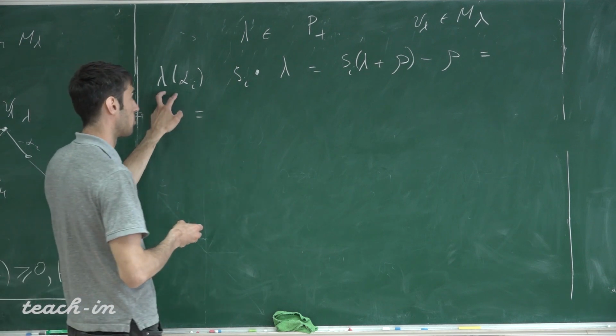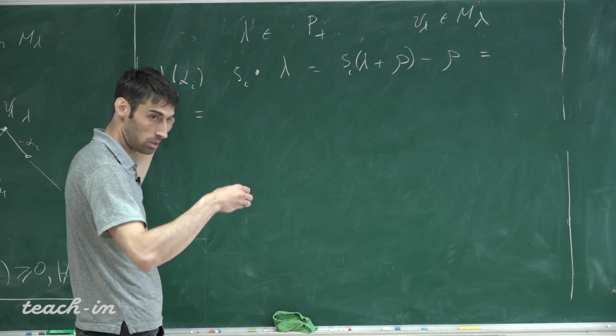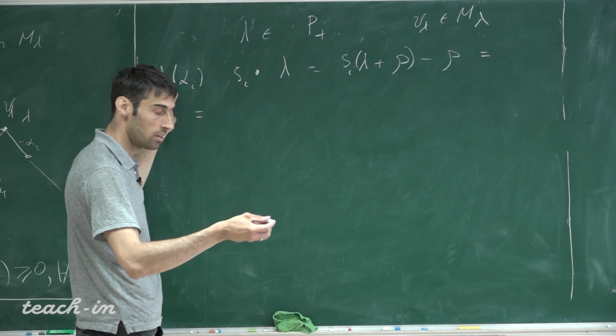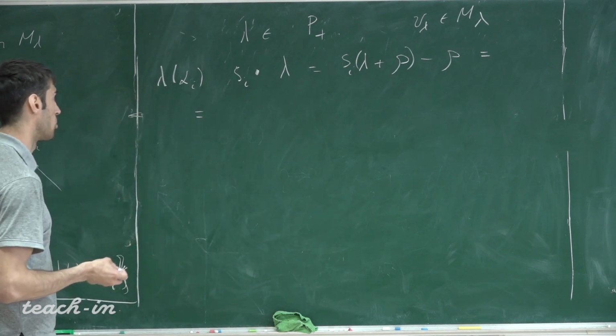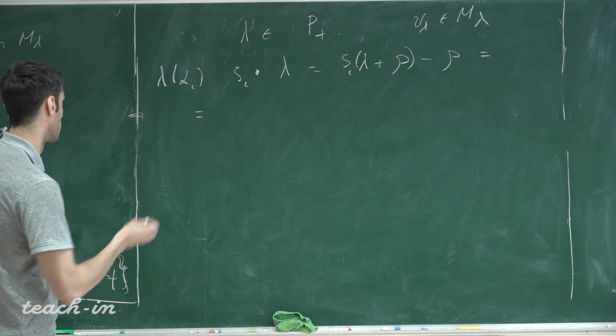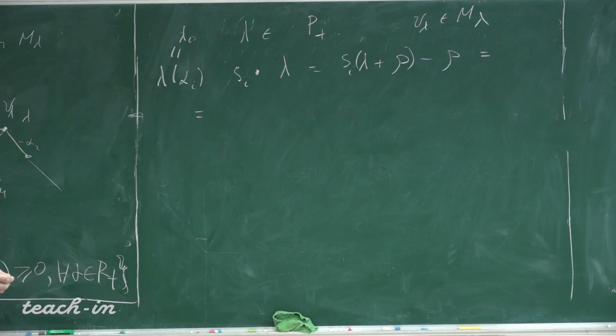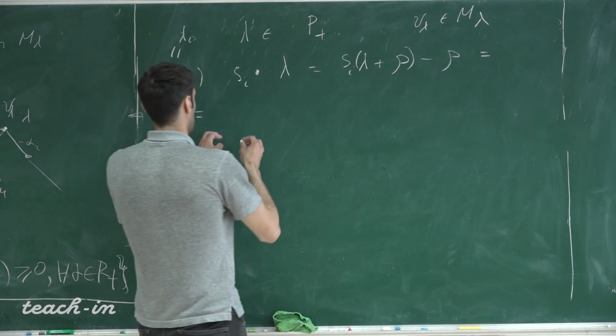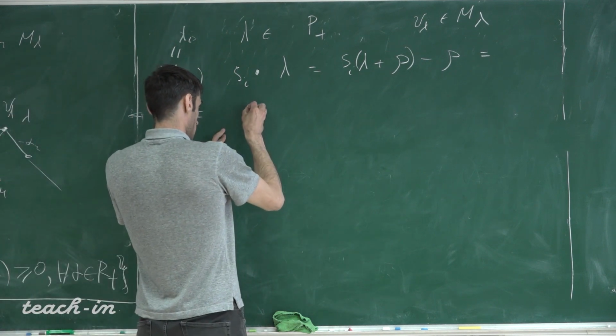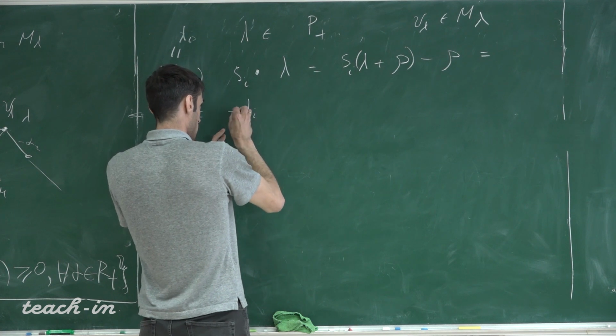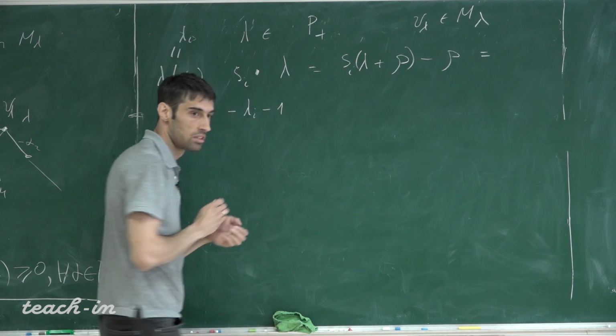So this is the highest weight with respect to SL2 alpha_i. Let me denote it as lambda_i. Lambda_i, negative lambda_i minus 1.